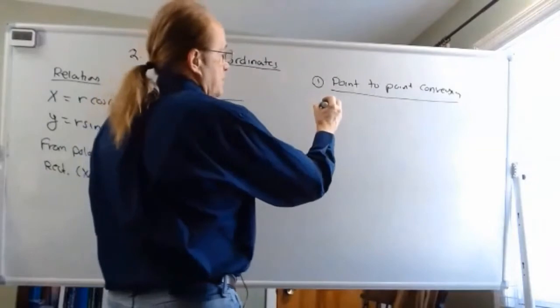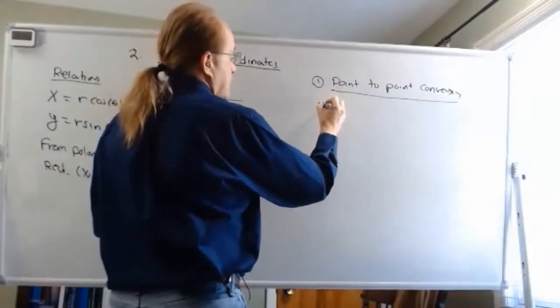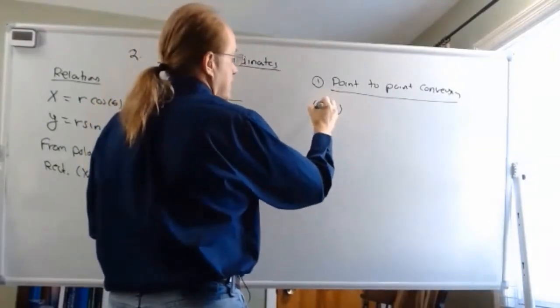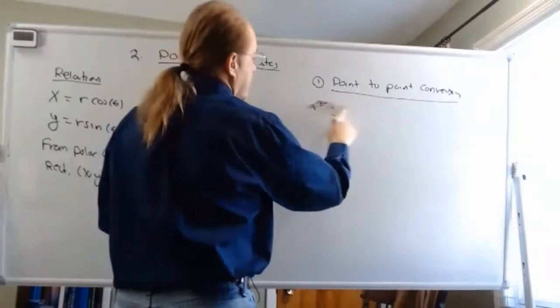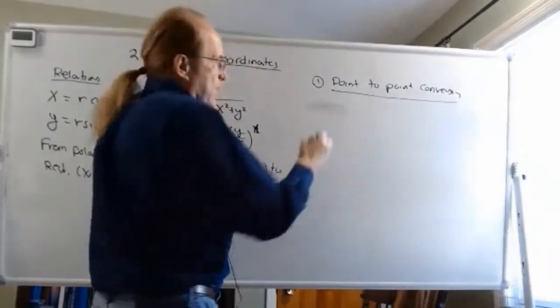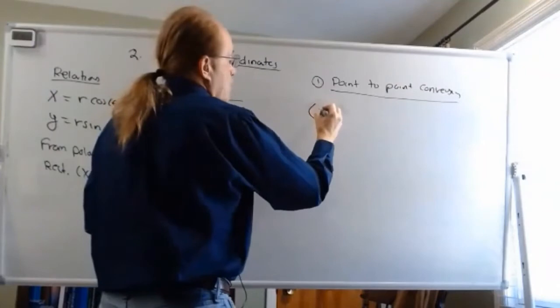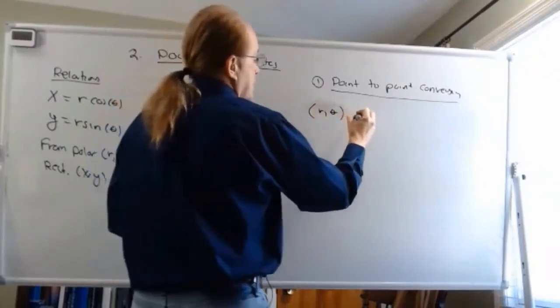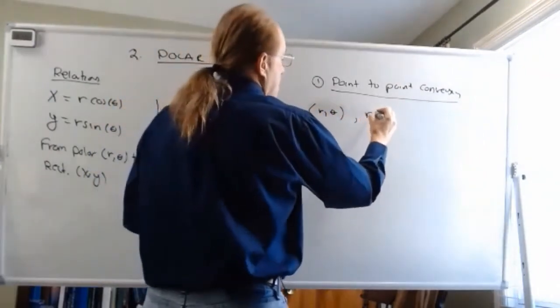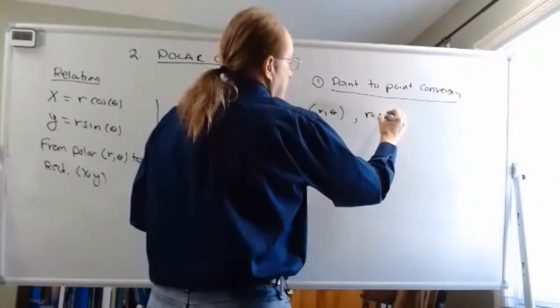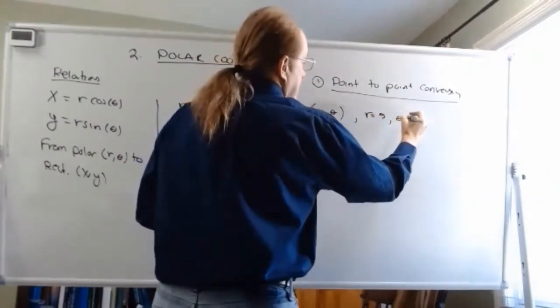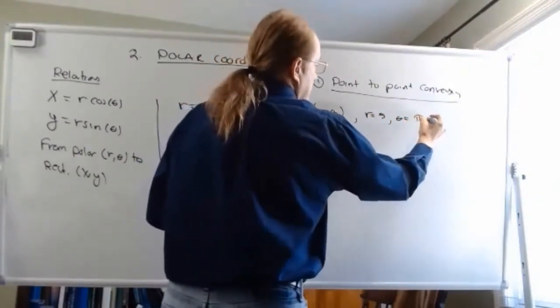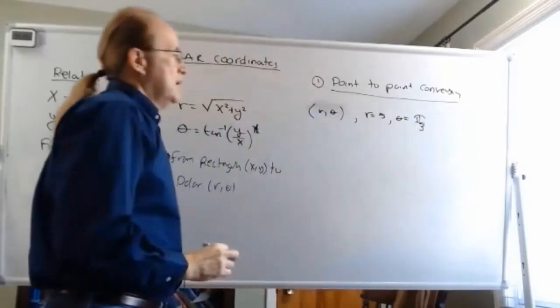So let's, for example, say I have in polar, let's do this easy case first, I'm given that r is equal to 5 and theta is equal to pi over 3.